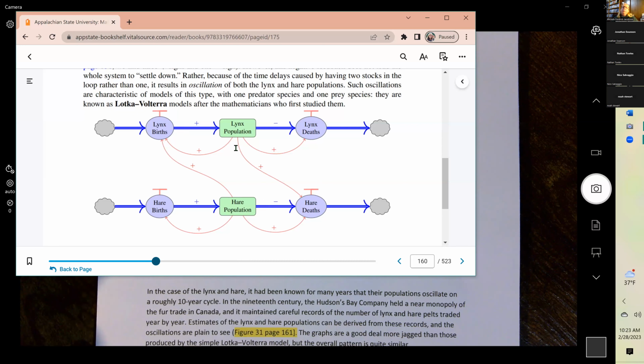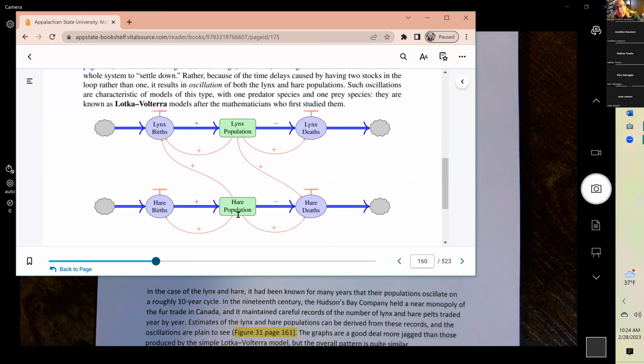I would not ask for all those loops, but if we looked at all of it, there's one negative and two negatives, which means this is just going to amplify because there's two negatives. If we looked at the whole thing, this one here is stabilizing.